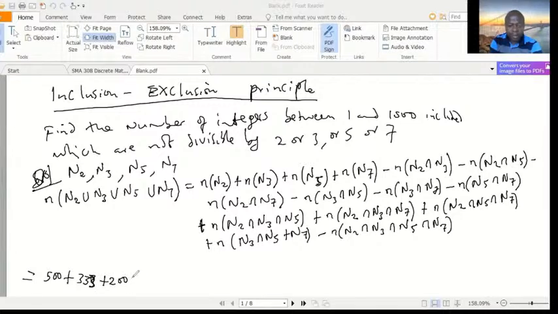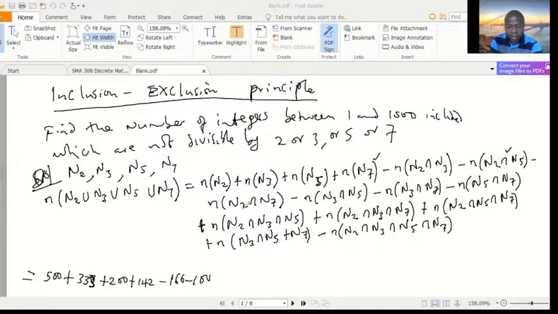Then 1,000 divided by 7, that would be 142. Then minus, so we are done up to here. This is 2 times 3, which is 6. 6 divided into 1,000 gives us 166. And then this is 2 and 5, that is 10. Divided into 1,000, that would be 100.